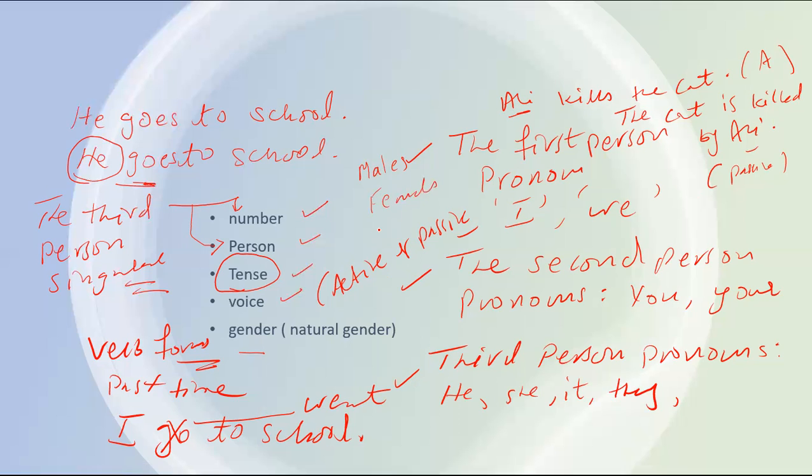And yes, we also have a neutral gender. For example, we use it, right, for non-living things. Okay, but in general we have two genders, males and females, or either male or female, right?